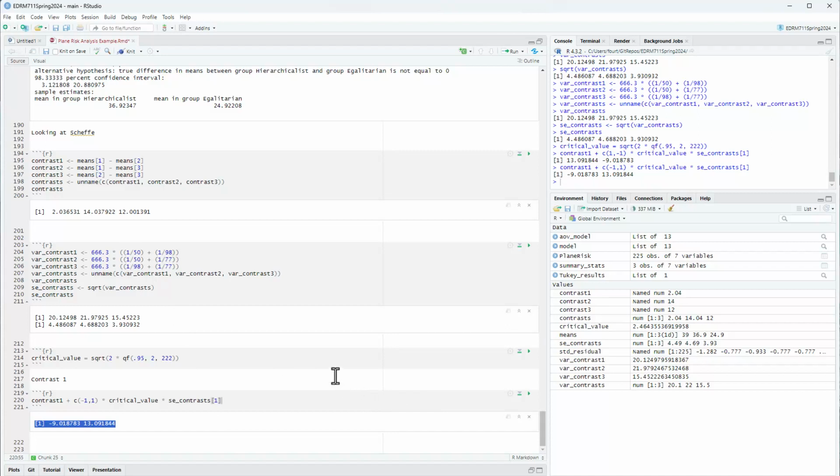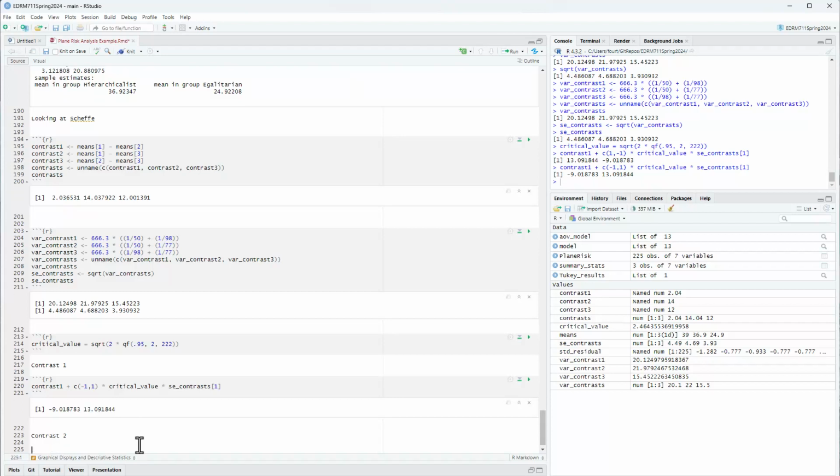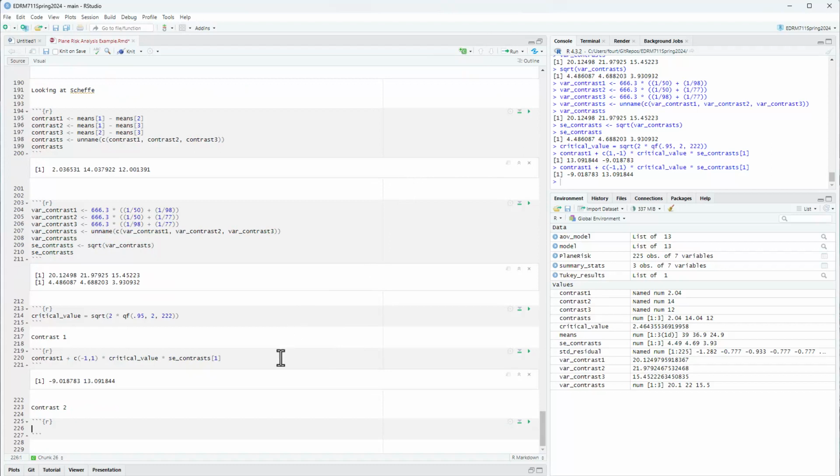If I want to compare individualist to egalitarian, that was the second contrast. Let's go ahead and do that. And so for contrast 2, we have, again, same thing.